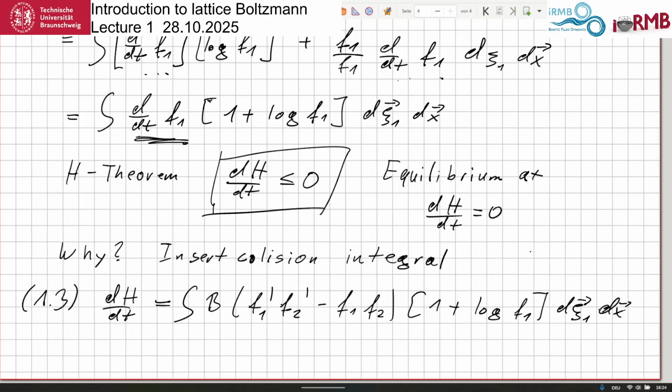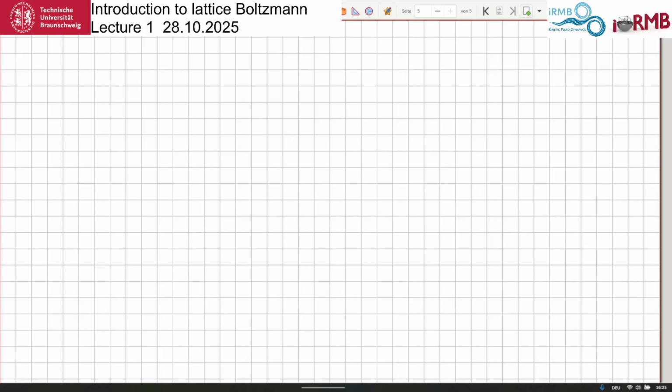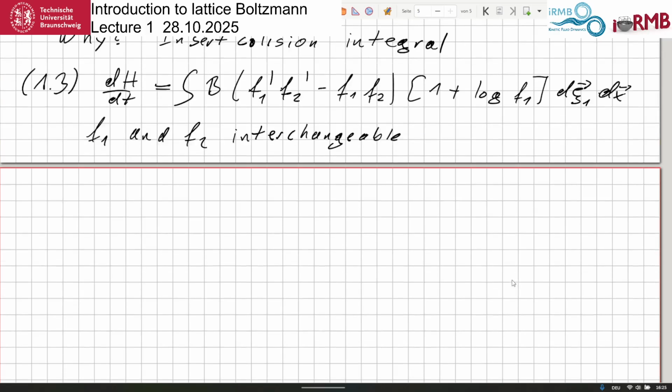So we always look at what particle 2 is doing to particle 1. But we can also exchange this, and this should be the same thing. This is symmetric. We look at what particle 1 is doing to particle 2. This should follow the same equation. So in fact, f1 and f2 are interchangeable.